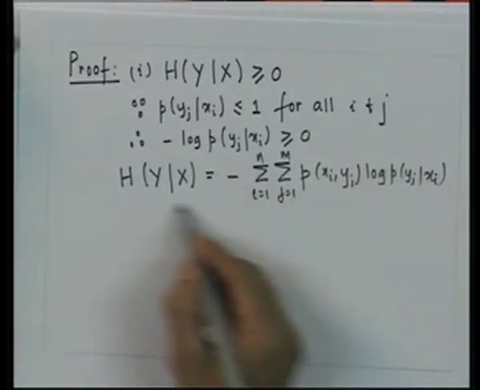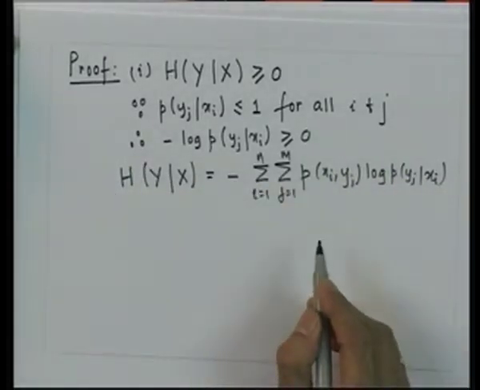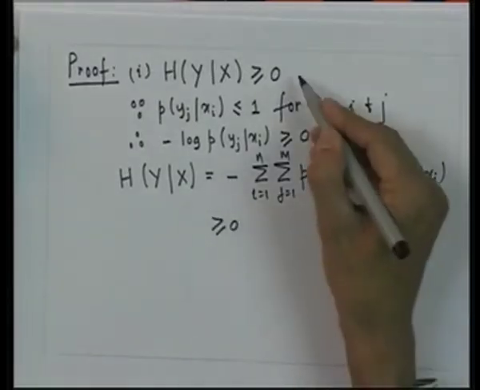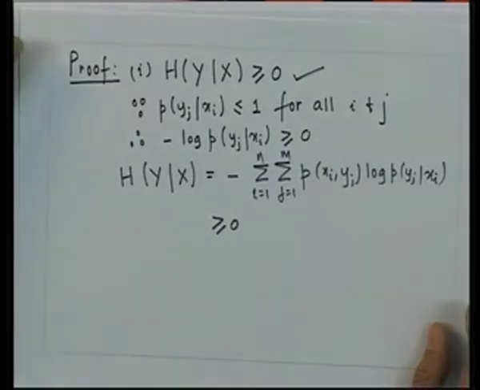So in total this quantity is always greater than or equal to 0. So the first property has been proved.